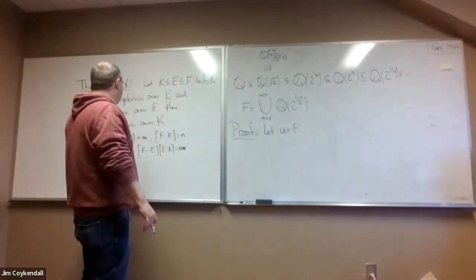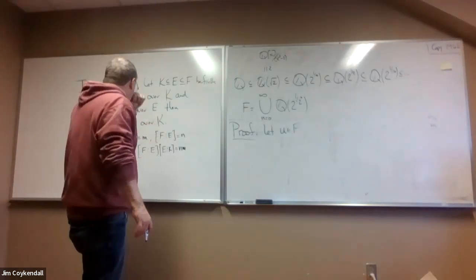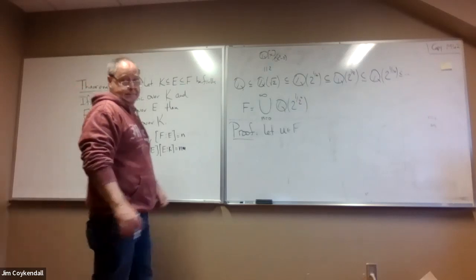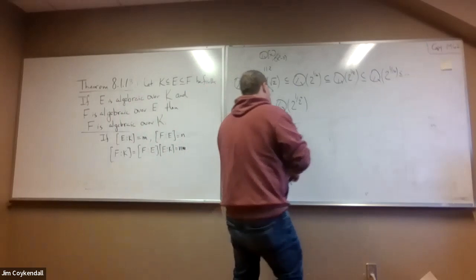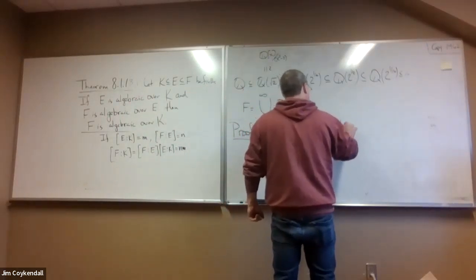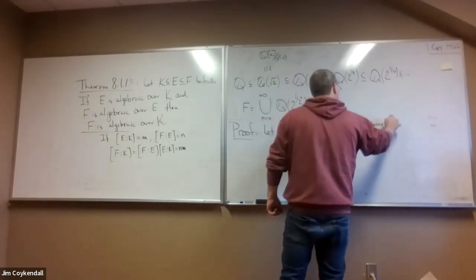My goal is to show that U is algebraic over K, but all I've got at this point is it's algebraic over E. Now, U is algebraic over the intermediate field E.